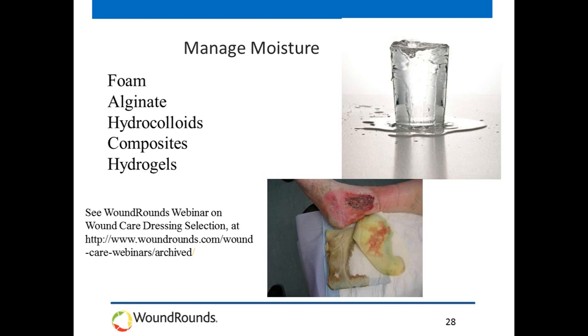Multi-layer wraps help to manage some of the moisture, but depending on the wound base and drainage, you're going to need to select a dressing. So we need to select a dressing and manage our peri-wound area. For the peri-wound, we can moisturize and protect, use emollients, petrolatum to manage any dry, scaly skin.